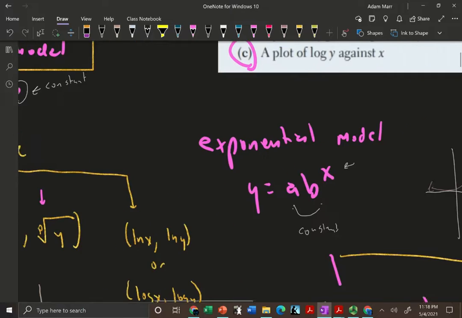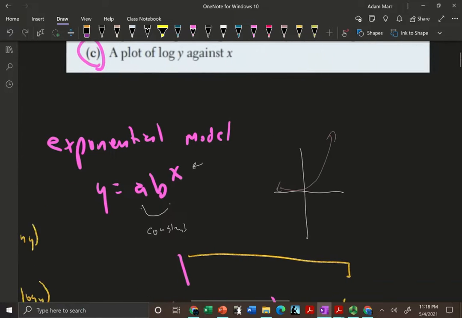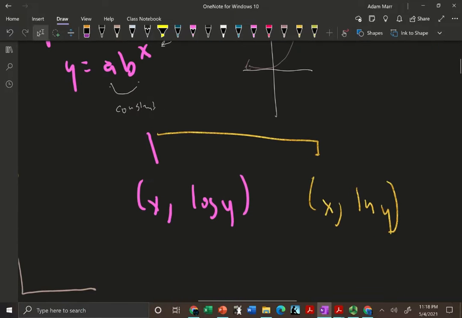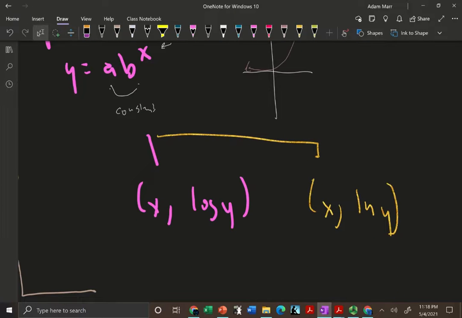So, for exponential models, you have the explanatory variable just as it is, which is x, and then the log of the response variable, so log of y. Or you could have x and the natural log of y.